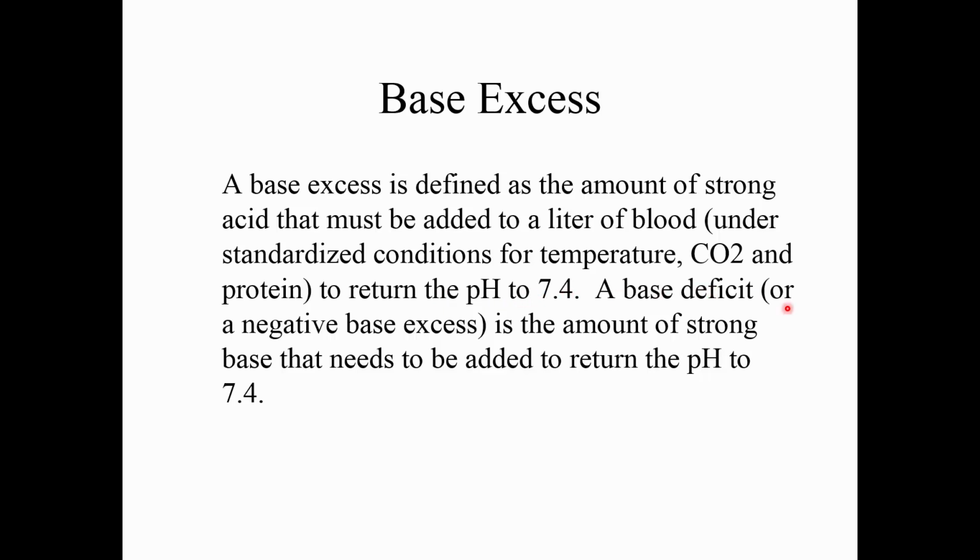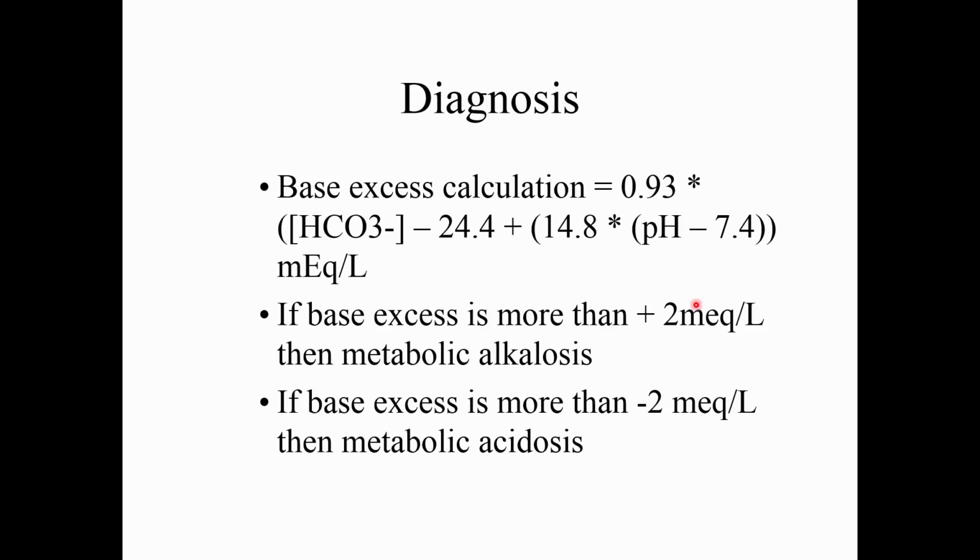So a base deficit or a negative base excess is what happens in acidosis. That's the amount of strong base that would need to be added to return the pH to 7.4. I have a formula in your notes that would help you calculate base excess, and there it is also in this presentation.